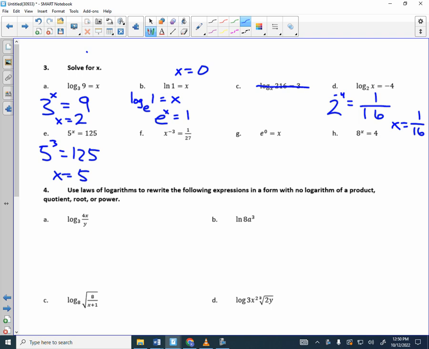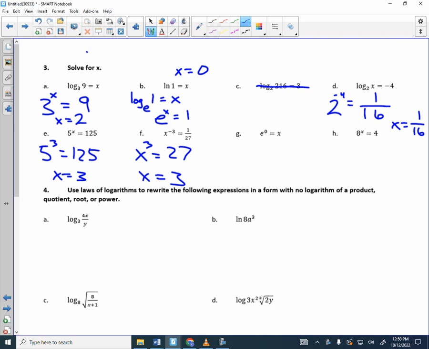Well, x equals 3. Okay, letter D, you should get 1/16. Any questions there? Letter E, you should get 3, and letter F, you should get 3.